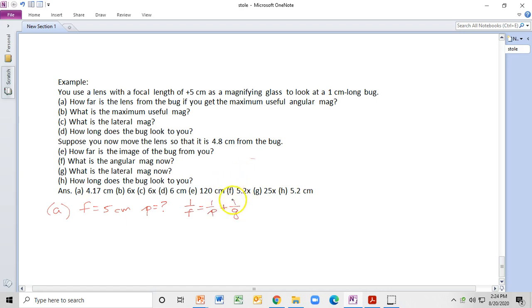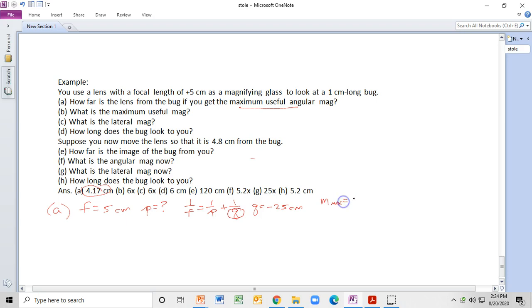I know f is 5 centimeters, and if I'm getting the maximum useful magnification, q is going to be negative 25 centimeters. So I stick that in there and solve for p, and you should get the answer, which is 4.1 centimeters.